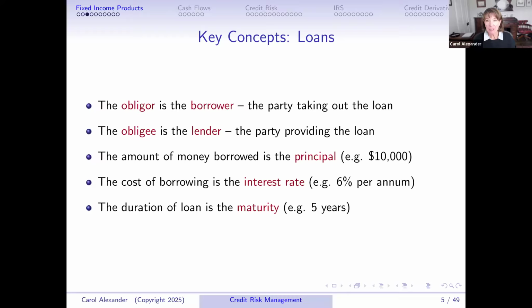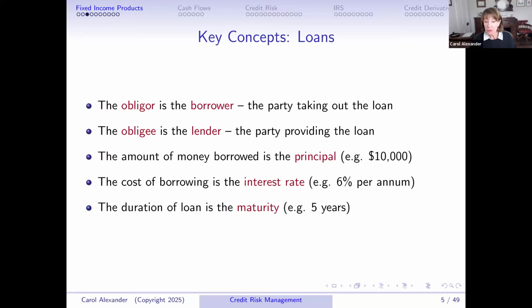Notional is just not a traded amount. It's an amount that we base payments for forward rate agreements and swaps on. It's also the amount for any derivatives type contract. But in loans and bonds, there is a principal amount, which is actually changing hands.